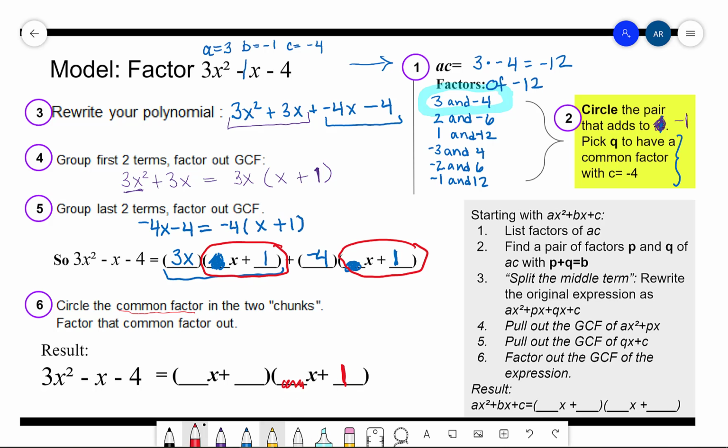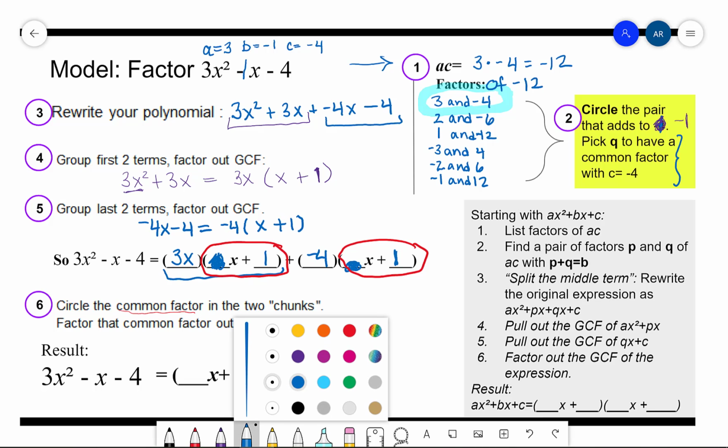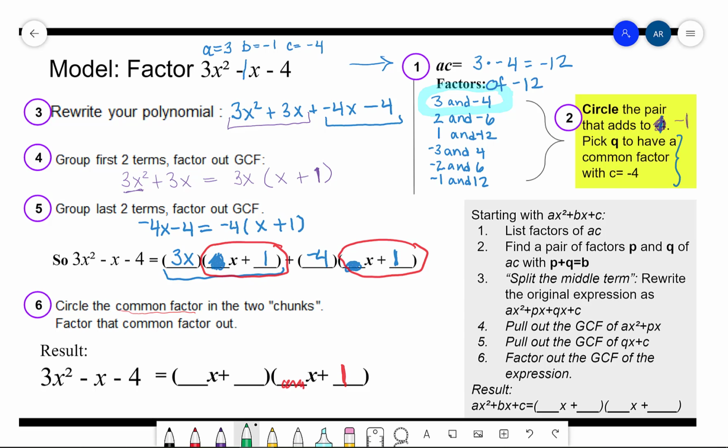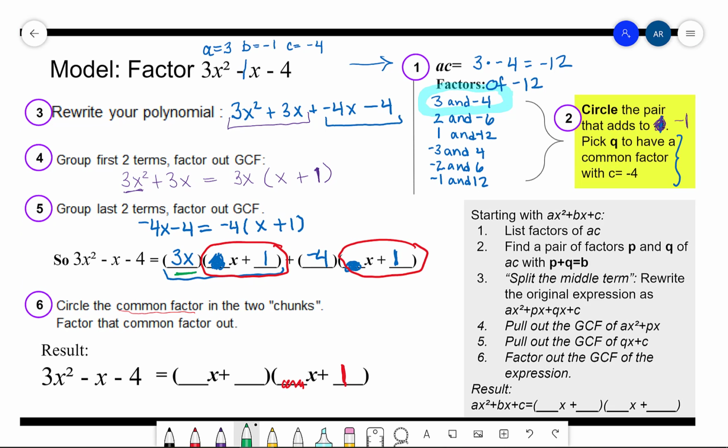In the first term, I'm left with 3x, so the first term was 3x times x plus 1. And in the second term, I'm left with a negative 4 because I had negative 4 times x plus 1. So at the end of the day, our polynomial 3x squared minus x minus 4 can be rewritten as 3x minus 4 times x plus 1.